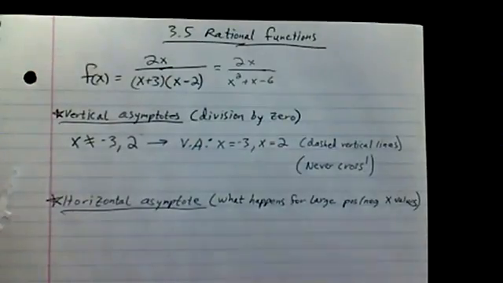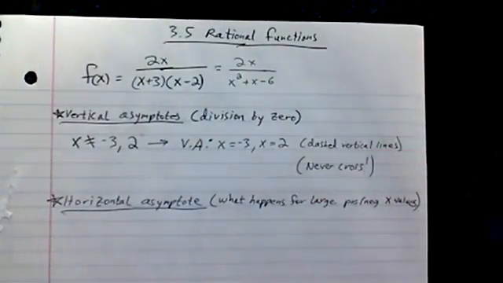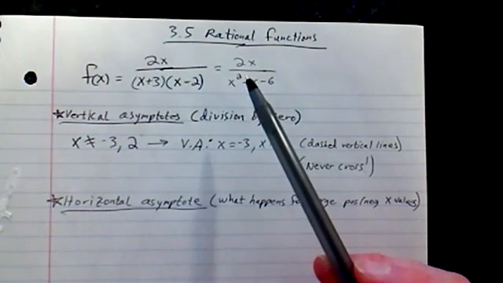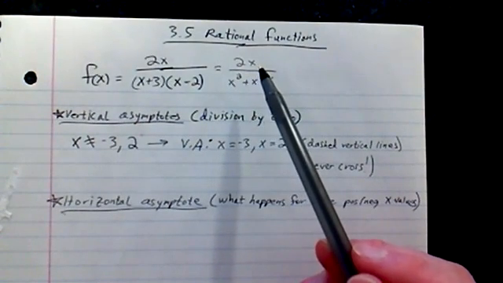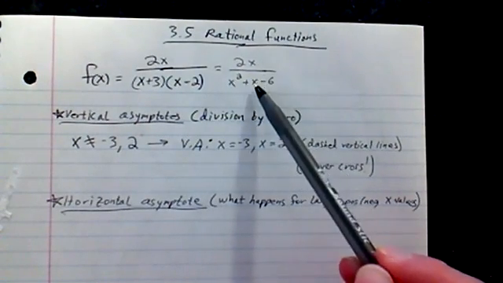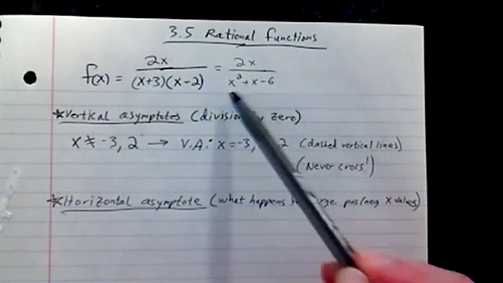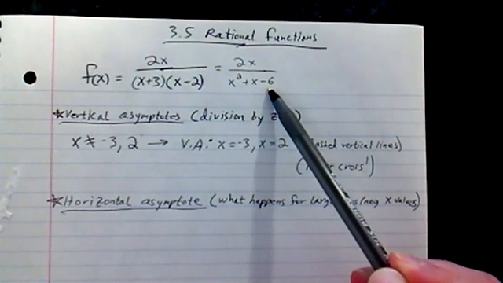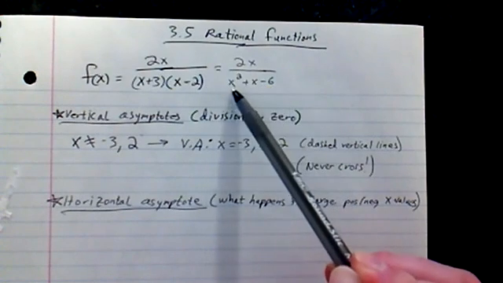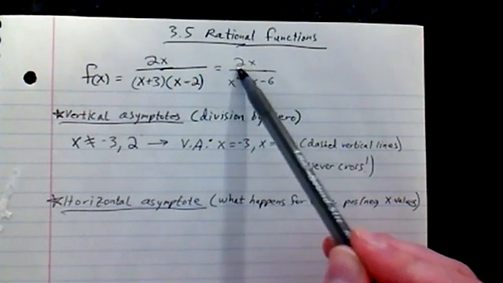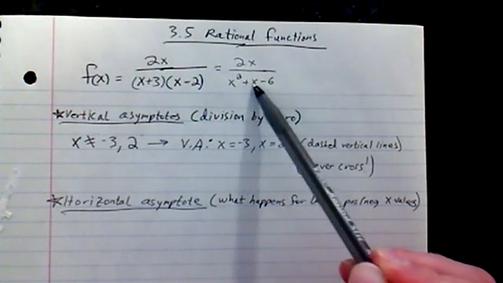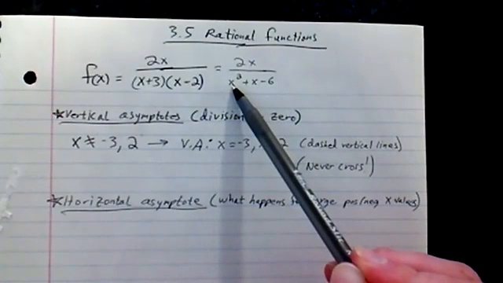Now, here's what I want you to notice. If I asked you what happens when x is a very large number, let's say 1 million, which one's going to get bigger faster, the numerator or the denominator? You'd be correct if you said the denominator, because here you have 2 times 1 million. Down here, I don't really care what this is, but this is 1 million squared.